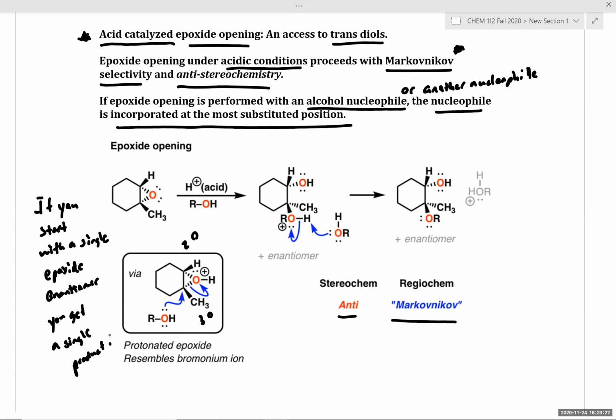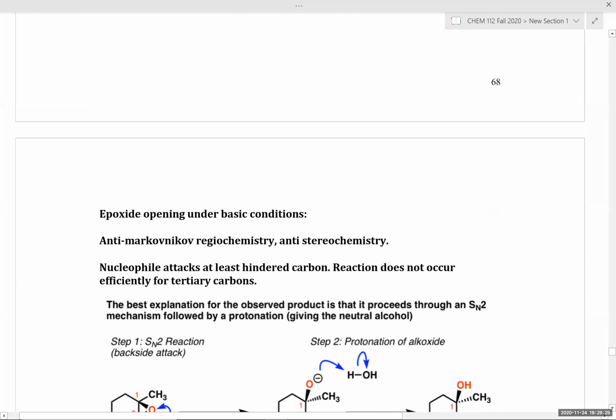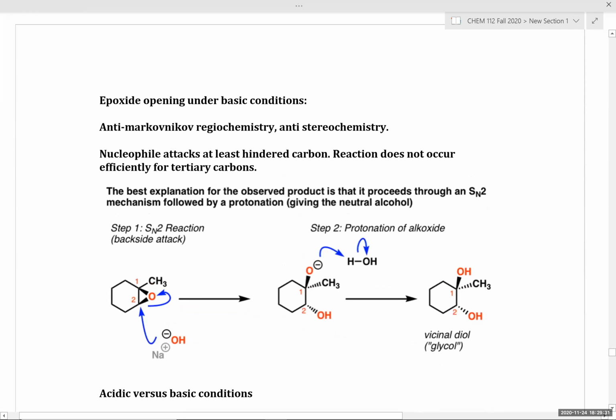Okay, perfect. So let's keep going now, and let's talk a little bit about what happens if we're performing epoxide opening under basic conditions. Under basic conditions, we're essentially running an almost SN2-like reaction, where the regiochemical selectivity changes pretty dramatically.